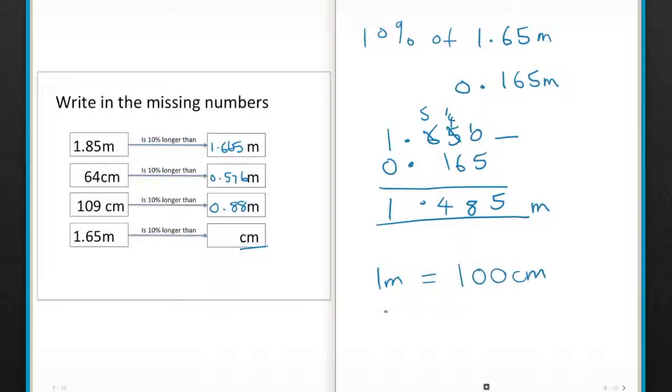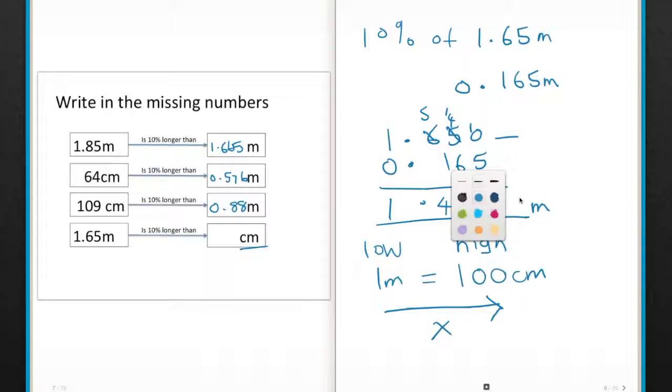We are here at metres and we want to get to centimetres. Which is the highest number, 1 or 100? This is. We're going from low to high. That means we're going higher. Higher is timesing. So we're going to times by 100. 1, 2. High to the right, which will give me 148.5.